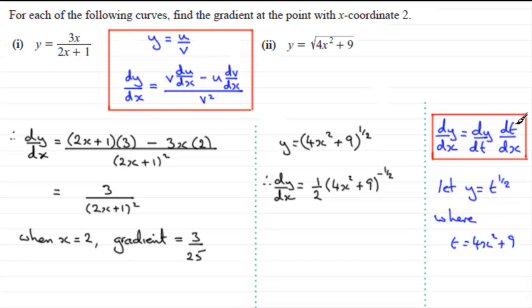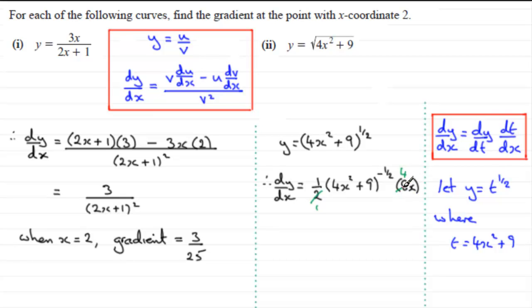And then I need to multiply it by dt by dx. If I differentiate t with respect to x, this term is 8x, and the 9 goes to 0. So we're just left with 8x there. Now I just need to clean this up, and I can see that this 2 will cancel into the 8 4 times.